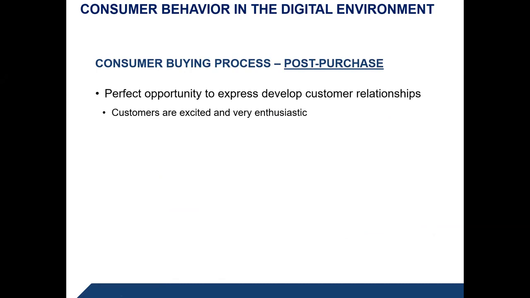The moment you bought that product, consumers are typically very excited and enthusiastic. Or, if they're very unhappy, they would be on the other extreme. So typically, if you are very happy or very unhappy with your product, what are you most likely to do?